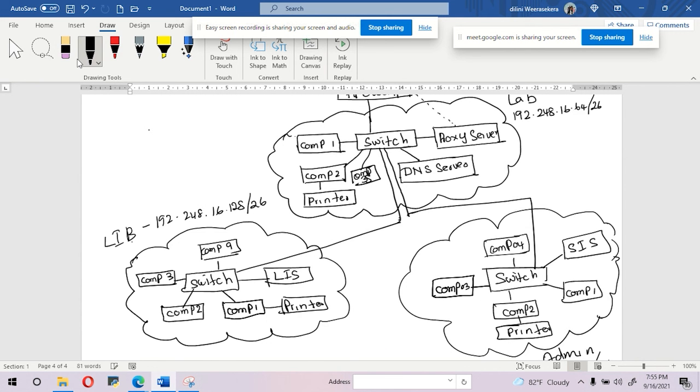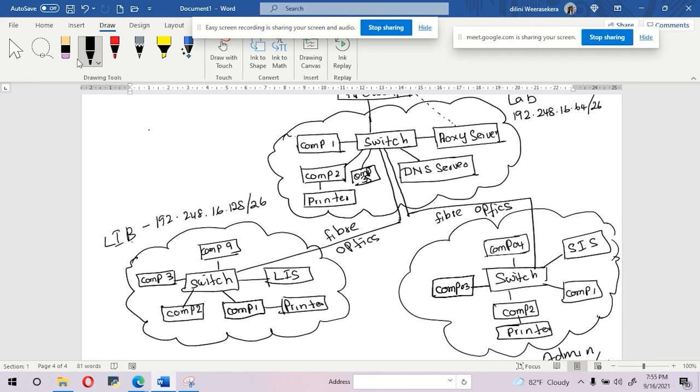Okay, so the distance is bigger, so we are using fiber optics for that. You also have to mention what transmission media is being used. Fiber optics. So this is the interconnection. Because the distance is bigger, we need the higher transmission speed, so fiber optic is being used.